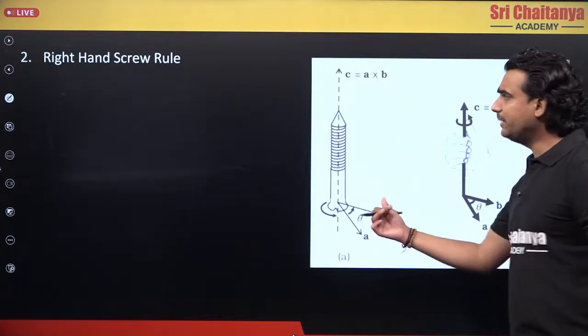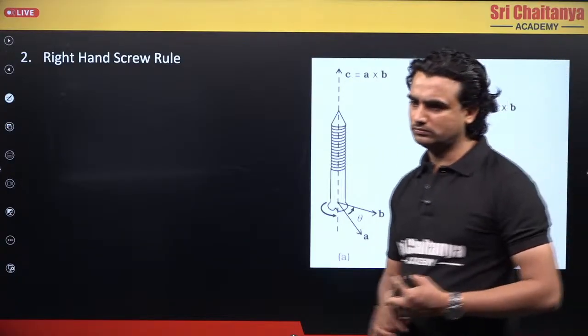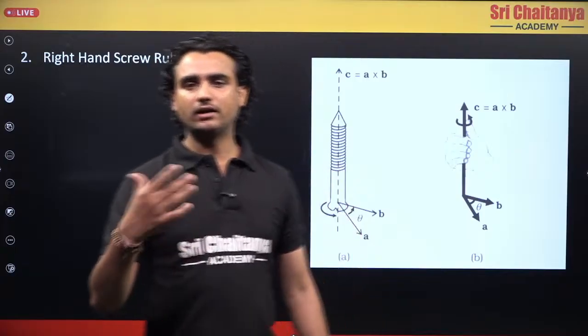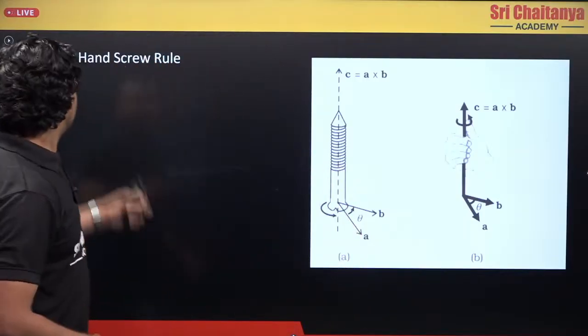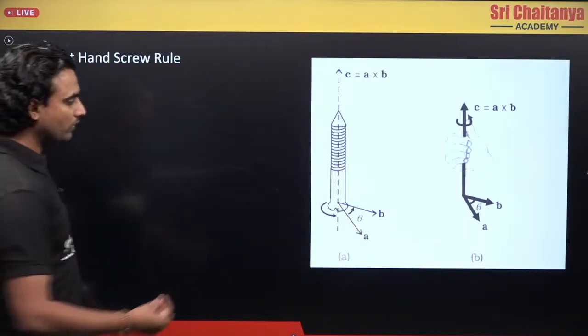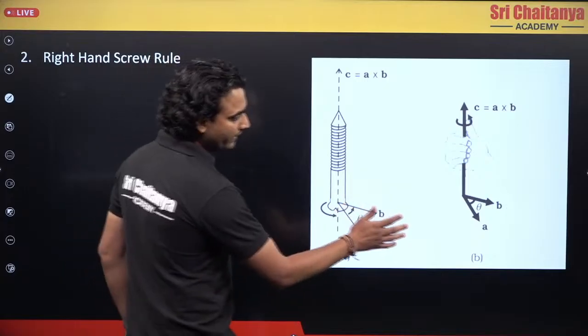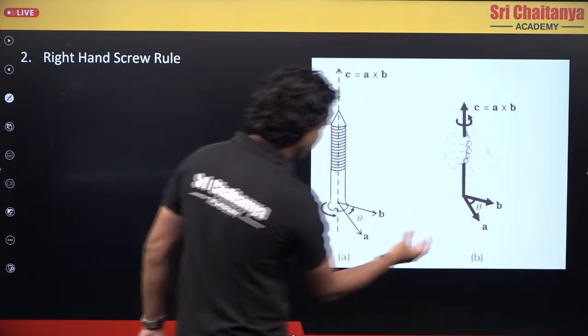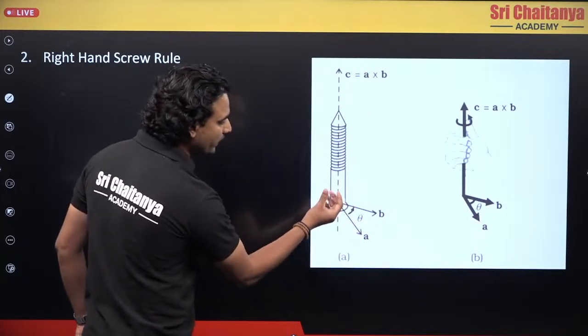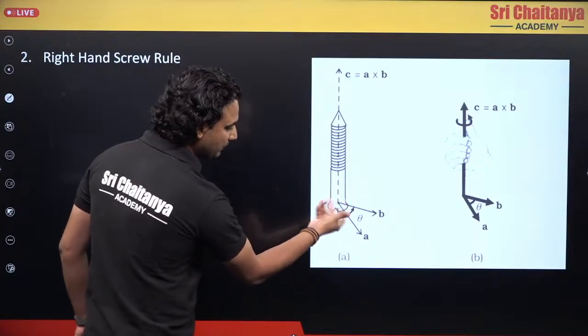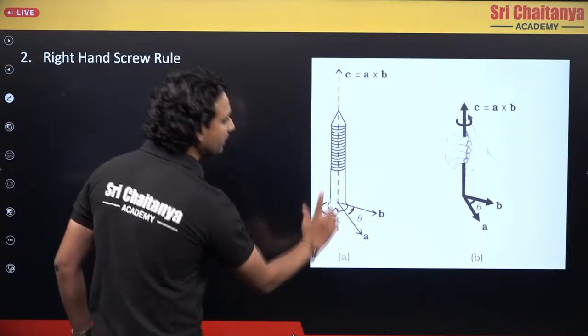Next, the same thing can be understood by the right hand screw rule. If you don't understand this right hand thumb rule, we can use the right hand screw rule. You take the a vector and b vector, and in the direction of the screw, if I am twisting it in this direction, what will happen? It will go up.